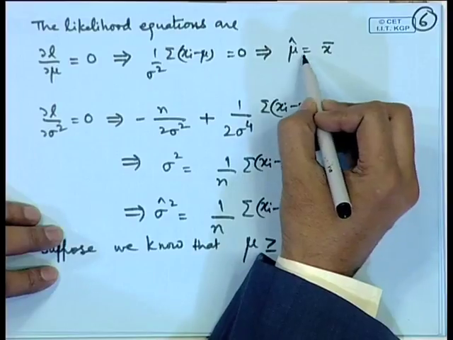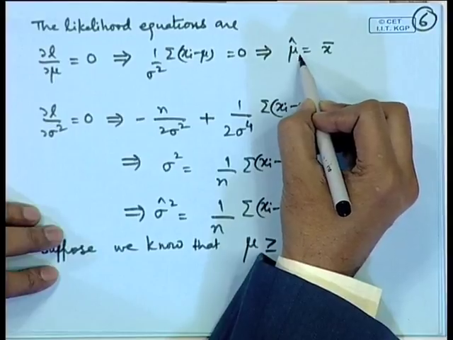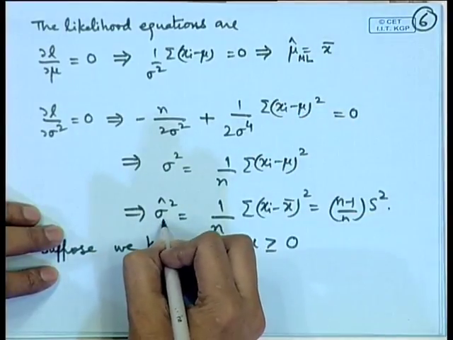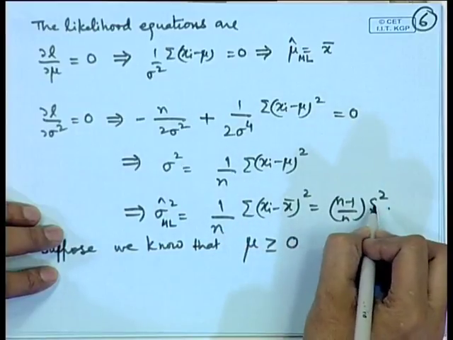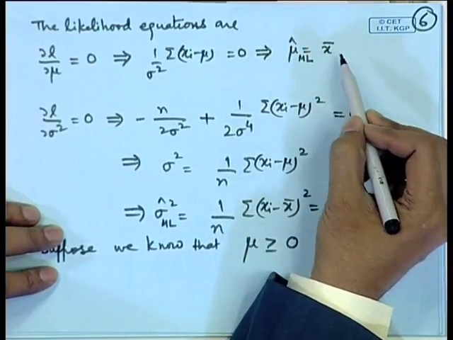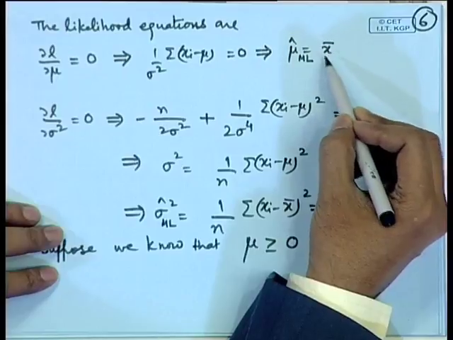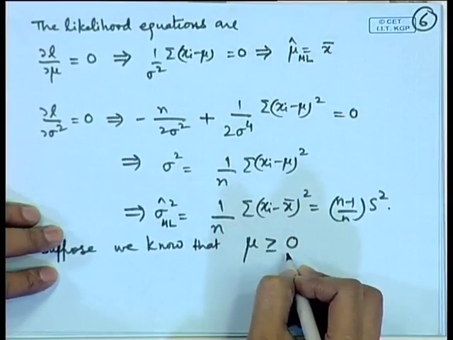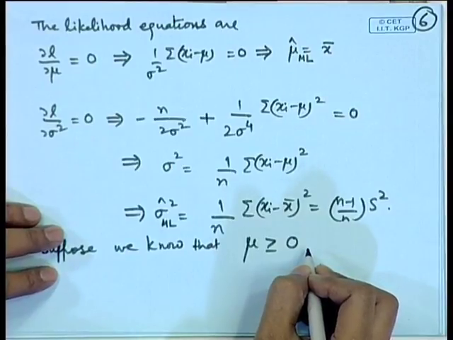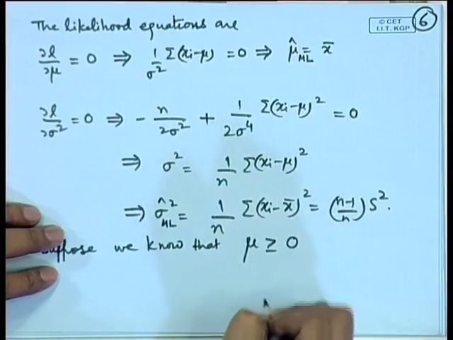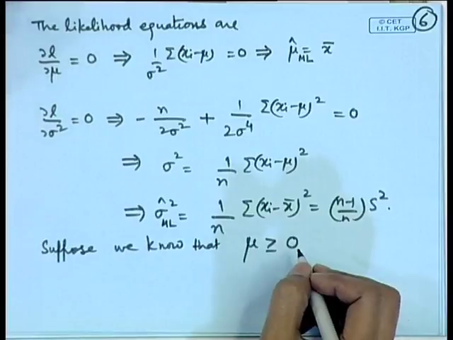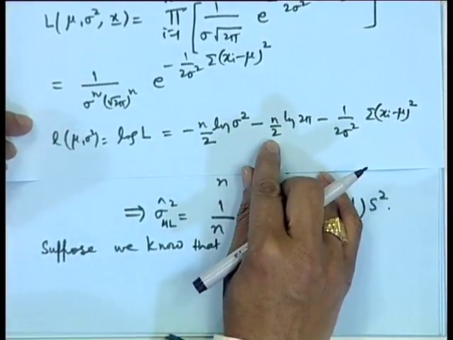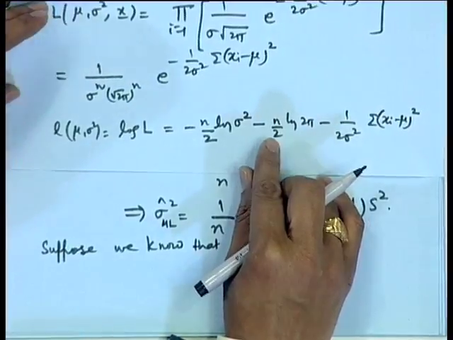That means we know that the mean is greater than or equal to 0. Now you see here we have the maximum likelihood estimator for mu as x bar, and for sigma square it is (n minus 1) by n s square. If x bar by observation gives us a negative value, then it will become an unreasonable estimator for mu, which is taken to be greater than or equal to 0. So we can analyze it by looking at the behavior of the log likelihood function, which we have actually maximized.